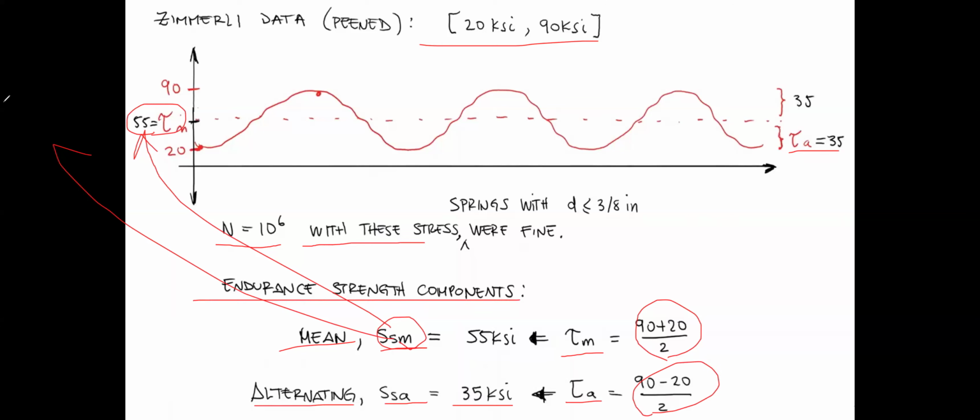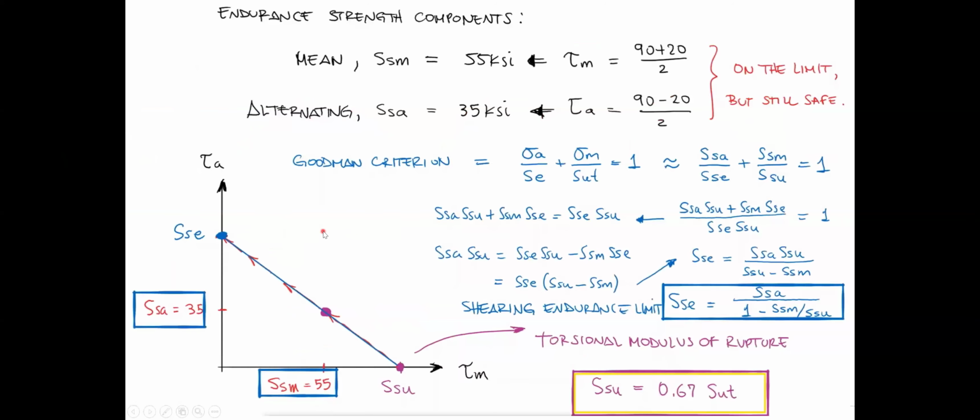Okay, so what are the most important values that we need? The sigma m and sigma a, for those cyclic loading or fatigue criteria we already learned.